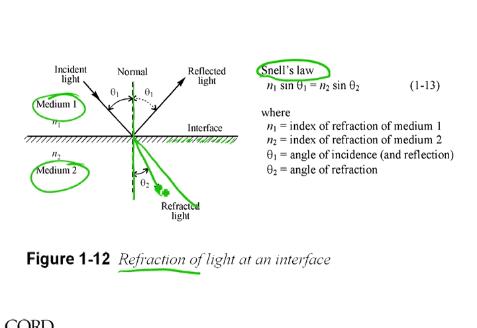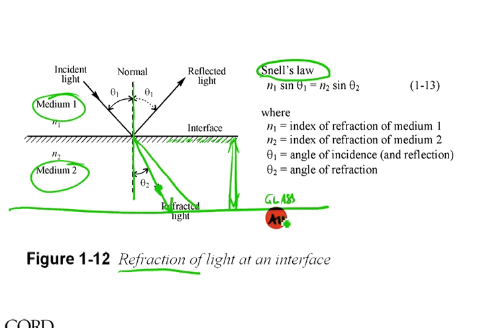Now imagine down here that this was a piece of glass, and it's a thick piece of glass. So this ray will come down here at this point. Now here's another interface between glass and air.